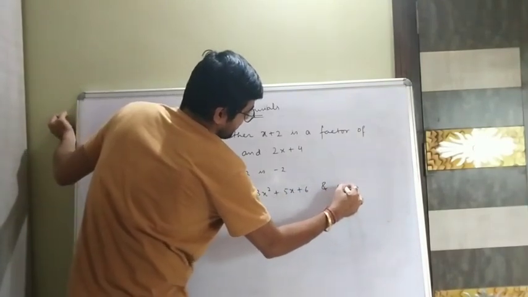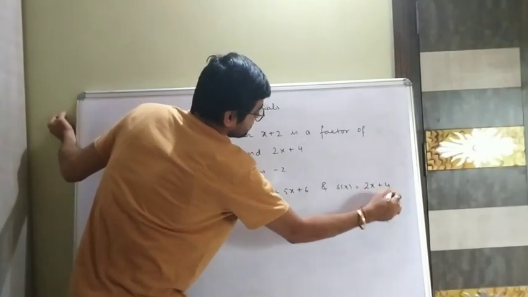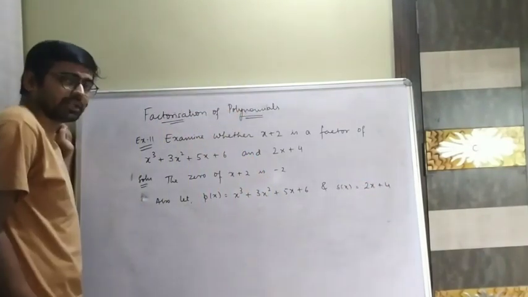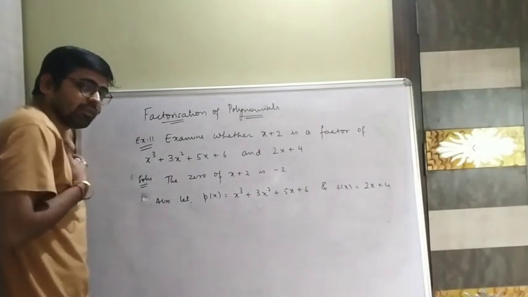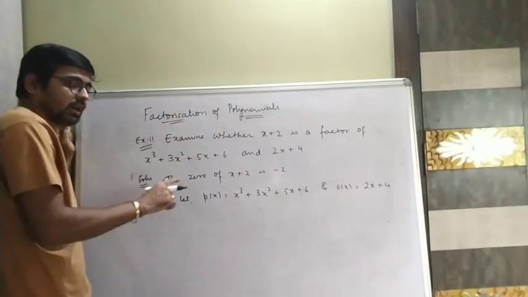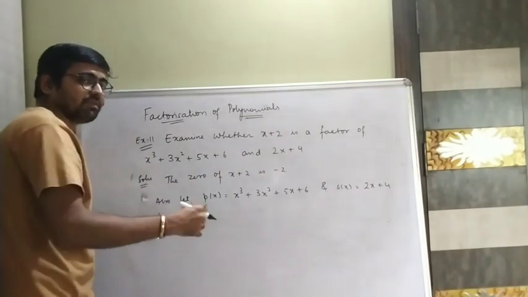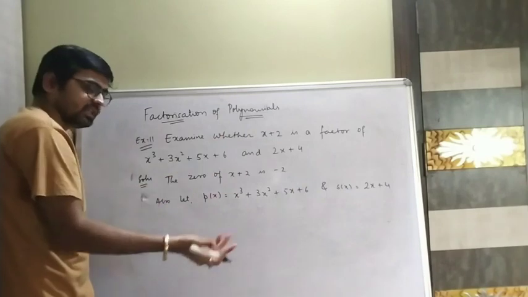And another one, let's say s of x is equal to 2x plus 4. So how can we find whether x plus 2 is a factor? We'll simply put x equals minus 2 in both the polynomials and see if we get the remainder 0, then it is a factor.